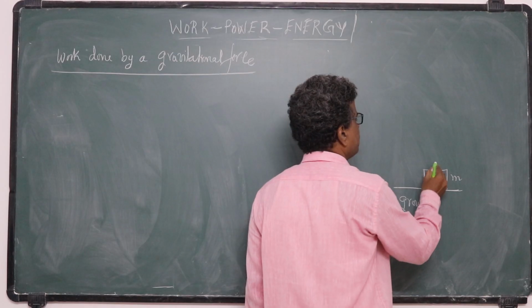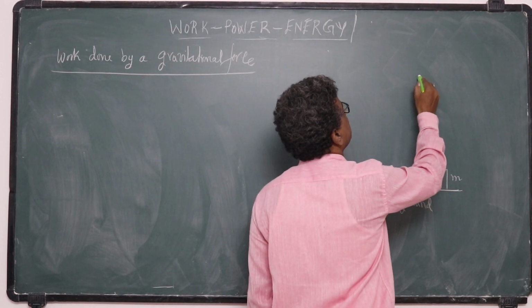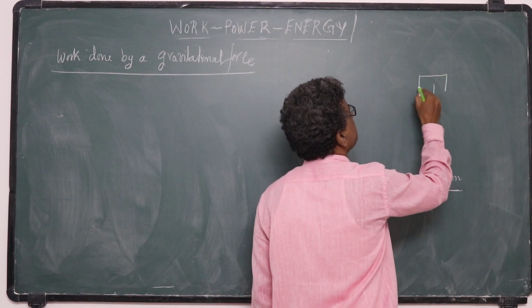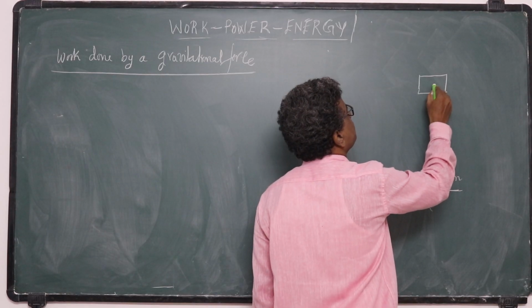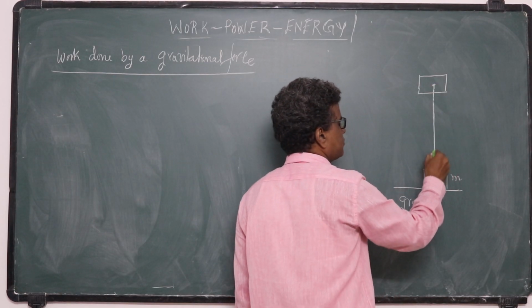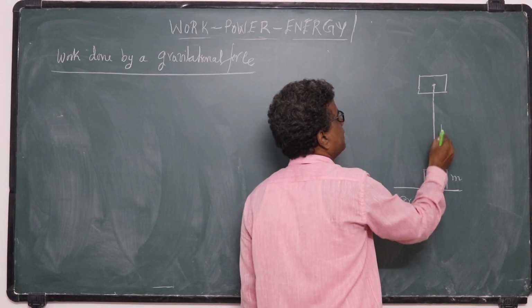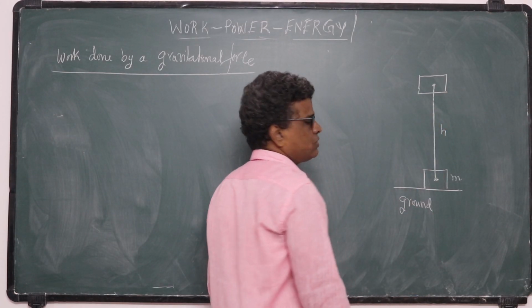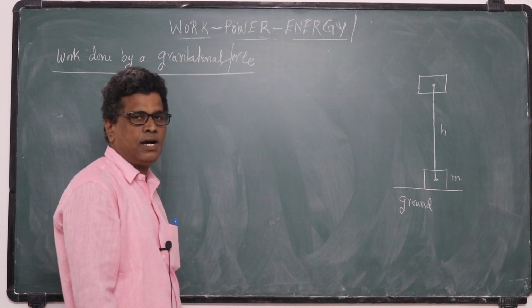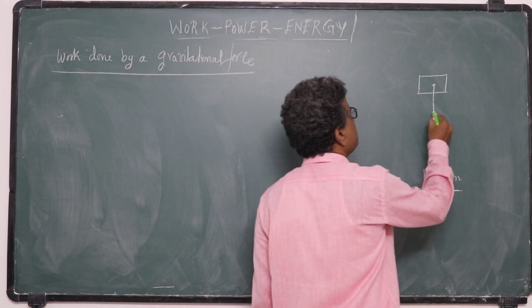So you want to lift this object through a certain height. We have to consider from center of gravity to center of gravity, let it be h. To lift this object through a height h, how much work should be done?